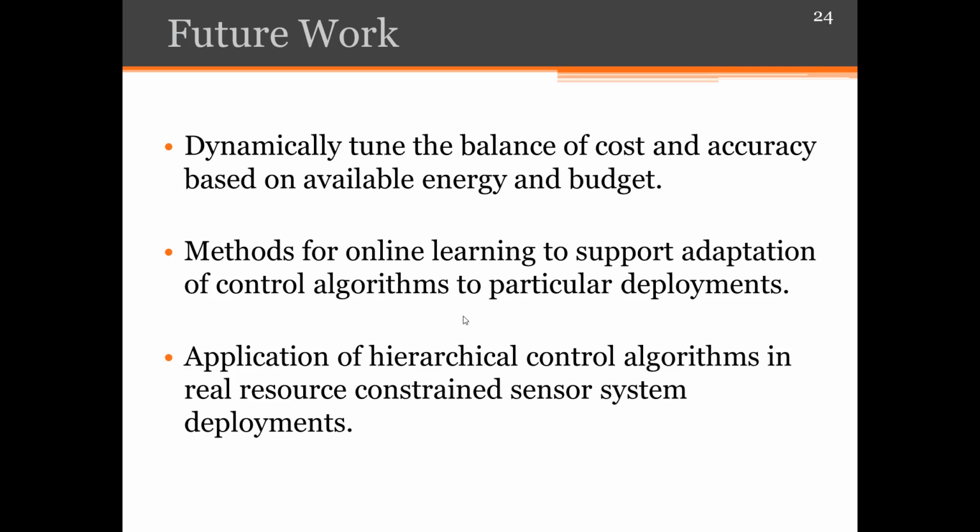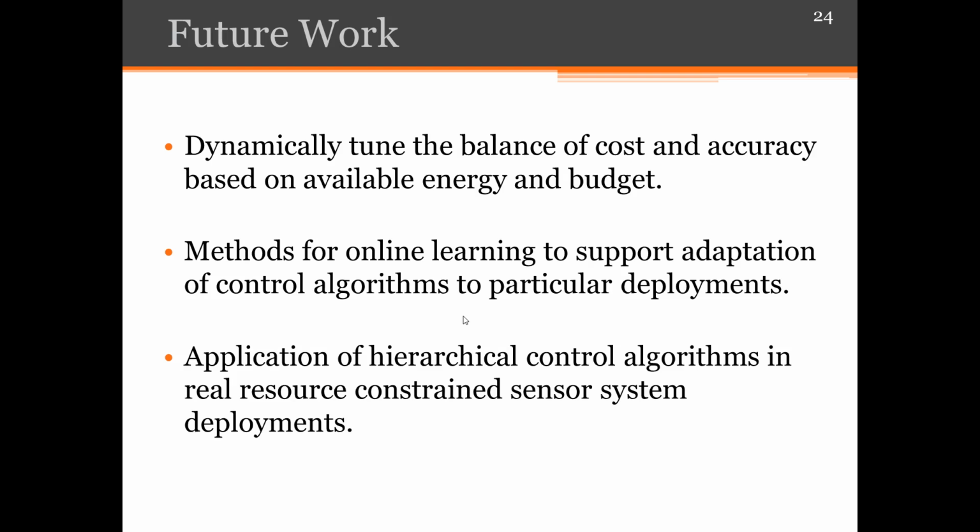And for the future work, we want to consider dynamically tuning the balance and the cost. So if in the middle of the measurement and prediction, the budget, for example, changes, or there have been some cloudy days and the power was not able to charge, it's able to tune dynamically.